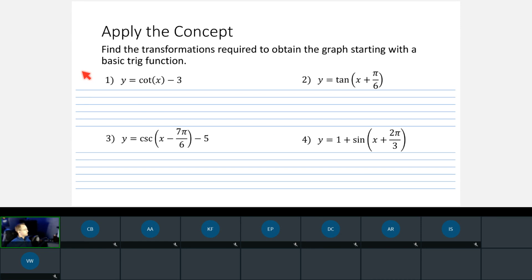All right, number 1. So y equals cotangent of x minus 3. What is the horizontal? Let's do the easy one. What is the vertical shift? Vertical. I want the easy one first. What is the vertical shift?